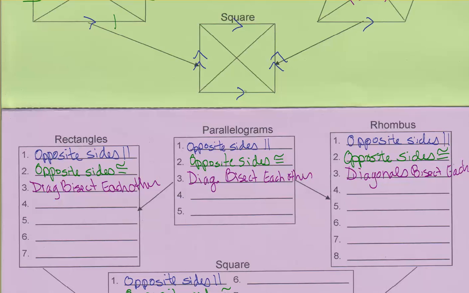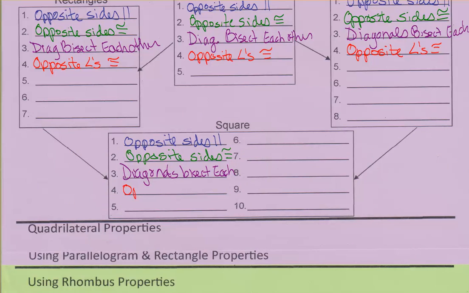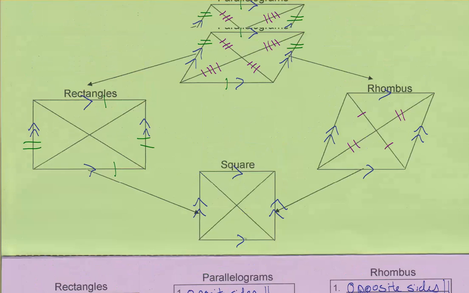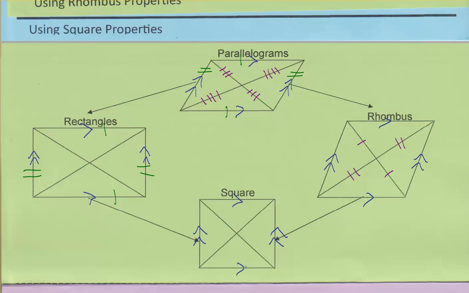Opposite angles are congruent. So that means that this angle is congruent to the one opposite it, so over here.